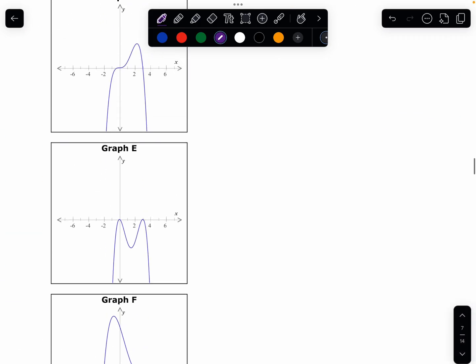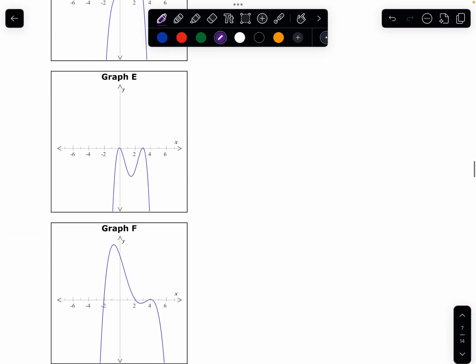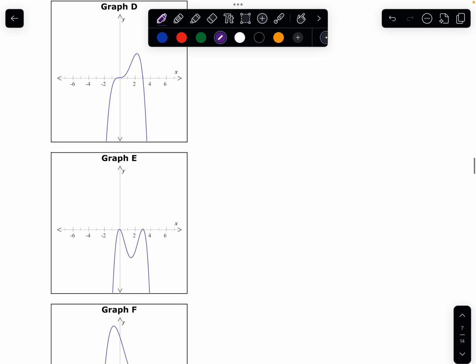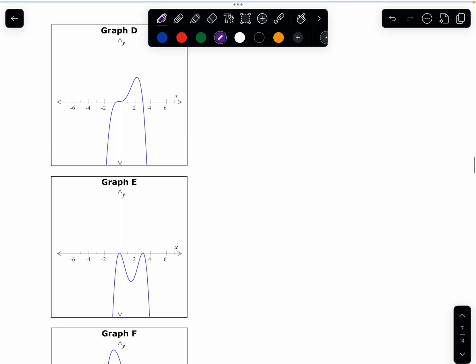So positive 3 and 0. All right, so both of these have an x-intercept at 0 and positive 3, but the difference here is that at 0, this one crosses while this one touches. So it can't be this one right here.